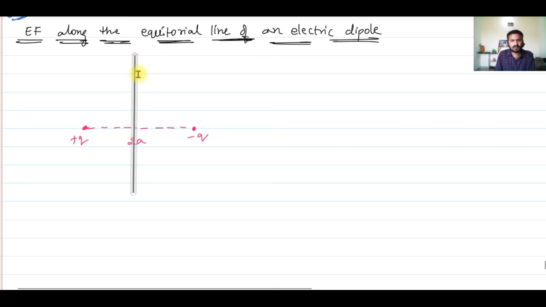On the equatorial line at a distance x from the center, we are expected to find out how much the electrical field is. Let us do that. So let us consider a point here which is at a distance of x from the center.